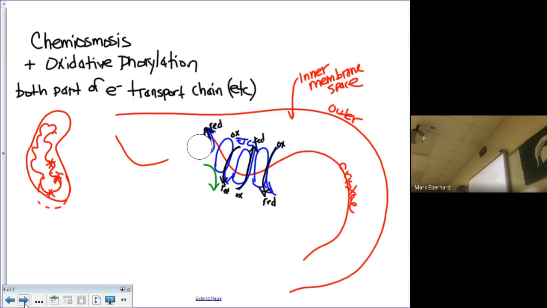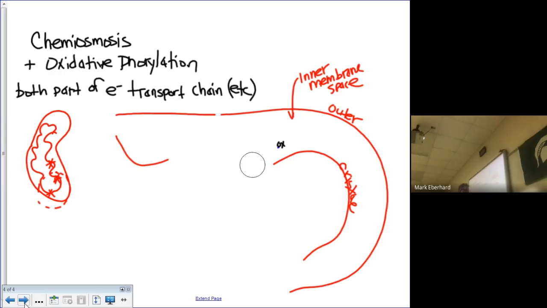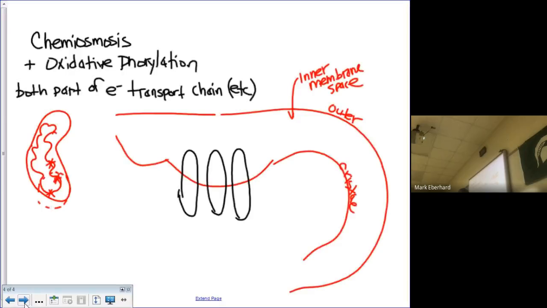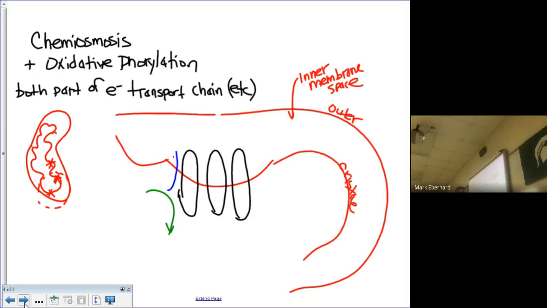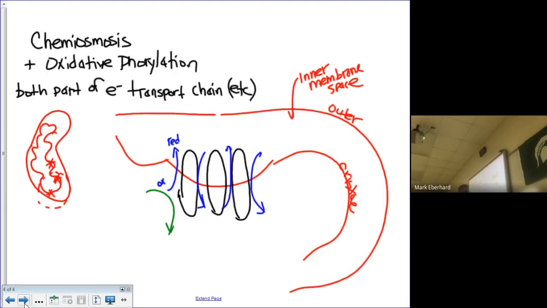It's going to look exactly the same. Again, this is the electron transport chain.